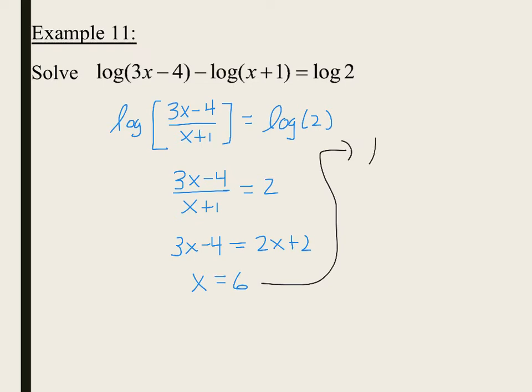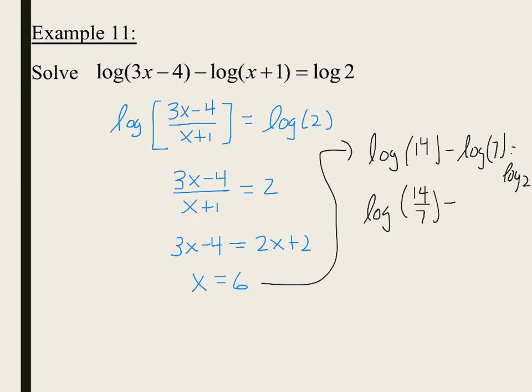Let's get the log of 18 minus 4 is 14, minus log of 7 equals log 2. Well, this is just the log of 14 divided by 7 is equal to log 2. And so log 2 equals log 2. Alrighty.